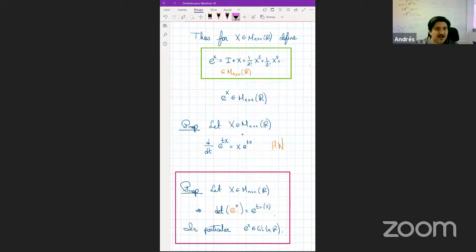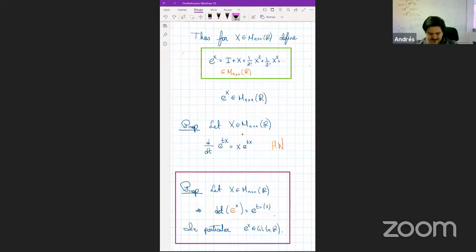Now, this is a number, okay? This is the actual e to a number. Here is just notation for the new matrix that we define, e to the x.